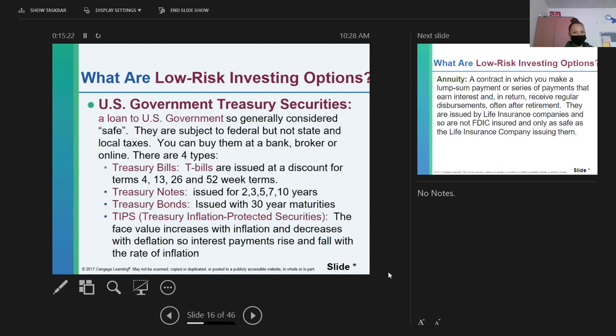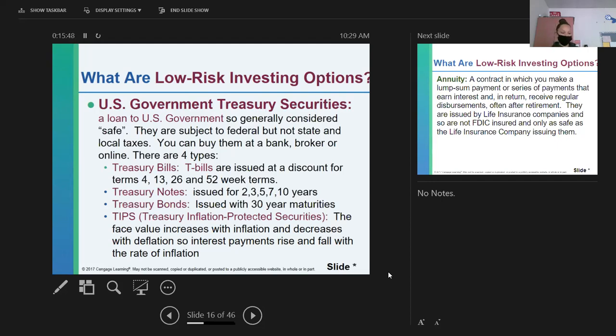You can get them at the bank or online. There are 4 types: treasury bills, treasury notes, treasury bonds, and treasury inflation protected securities. Your book has a paragraph about each one if they interest you. Again, when you are ready for investing options, they may be something that you look into.